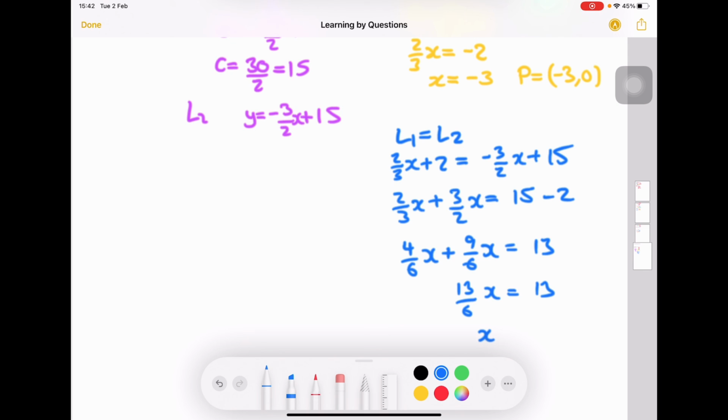So x equals 6. So R has an x coordinate of 6.